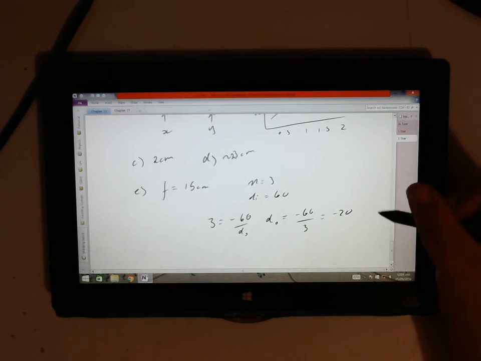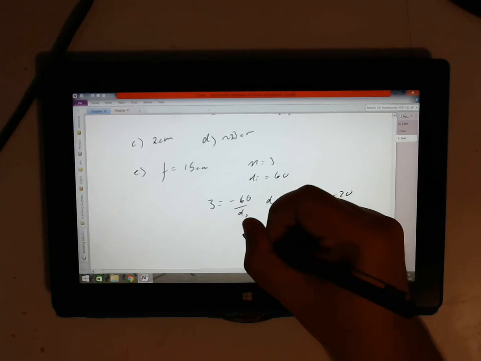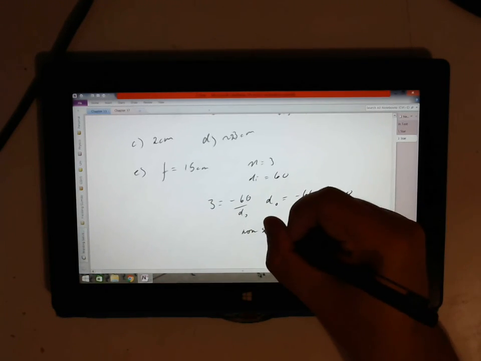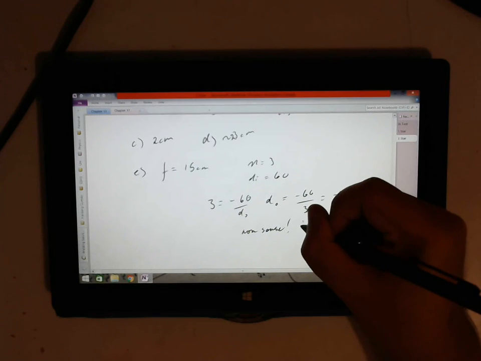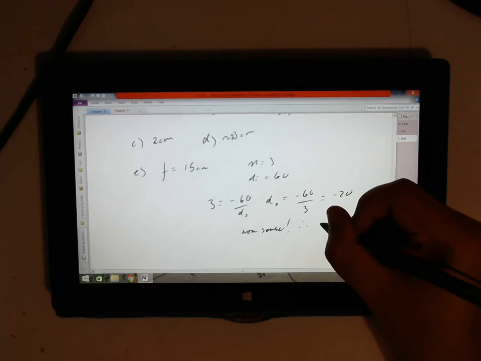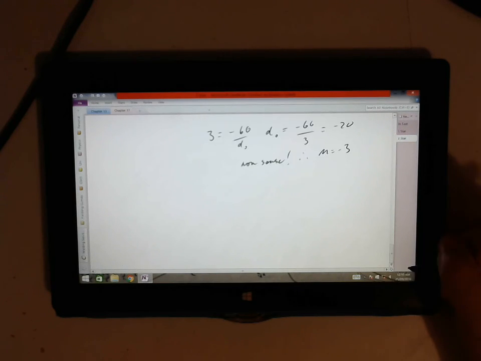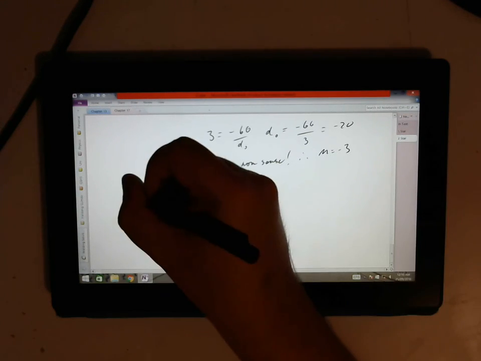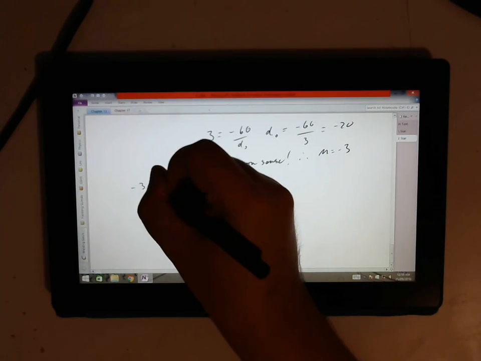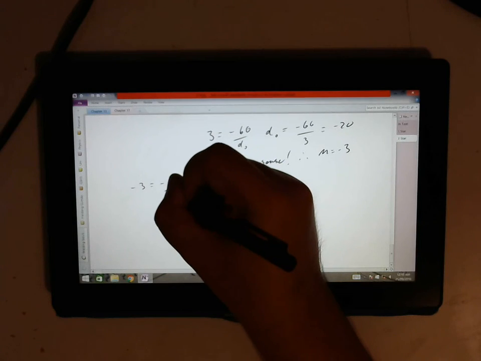That must mean, therefore, nonsense. Therefore, m equals -3 must be the correct one. All we've been told is how much bigger it is. We haven't been told whether it's upside down or not. So let's try it with that. -3 equals -60 over dO.